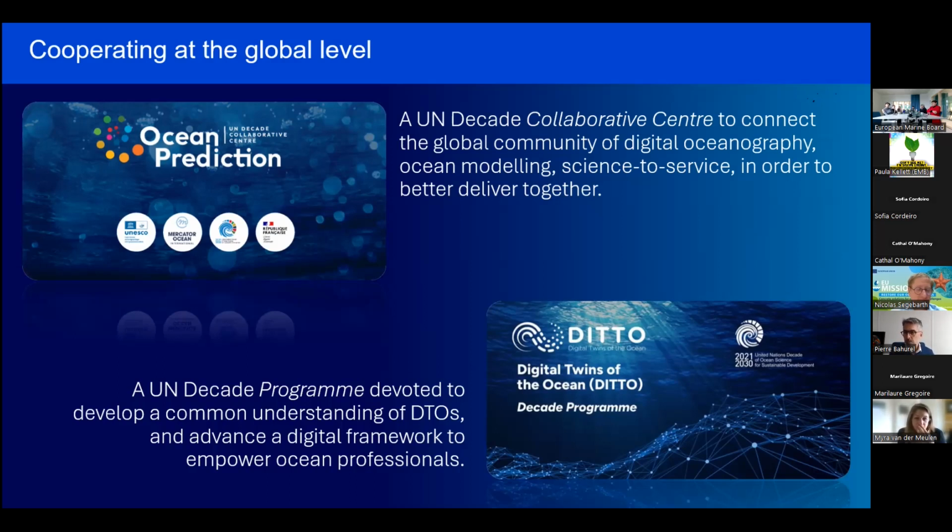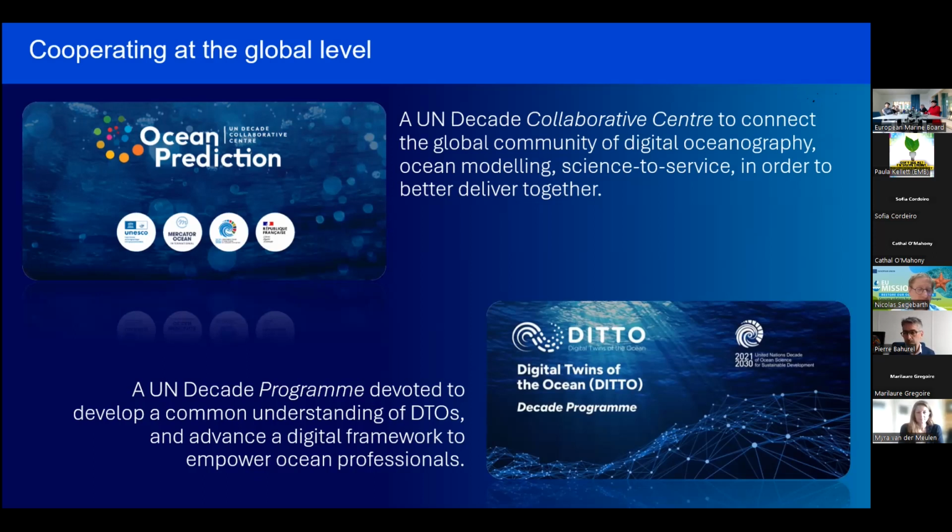With this program, you have other programs: CoastPredict, which takes care of coastal modeling, and 4C, which is for the open ocean. You have multiple programs and some collaborative centers to bring them together, coordinate, and help share this information, for example ocean prediction, which includes this digital twin activity. We are working very well with Ute and all the group to combine these things.